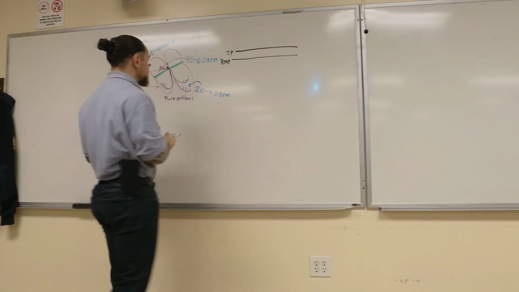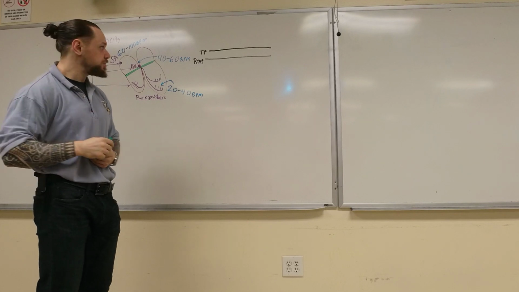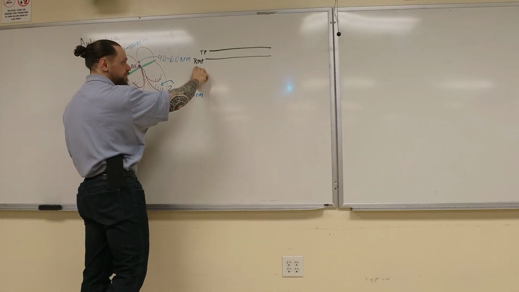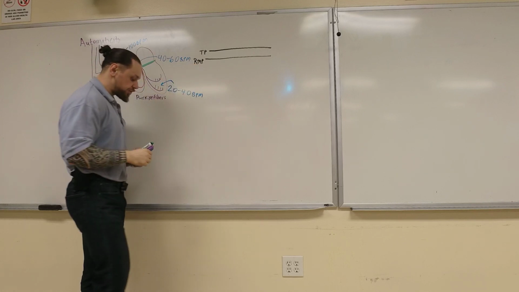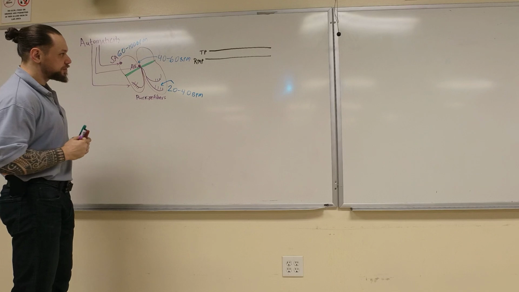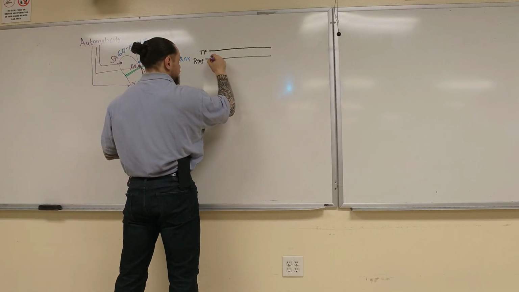For the SA node it's roughly about minus 60 to 70, so we're going to say maybe minus 60 millivolts. That's resting, not threshold. 60 or 70 is resting. And when the SA node fires, the shape of the action potential looks something like this.